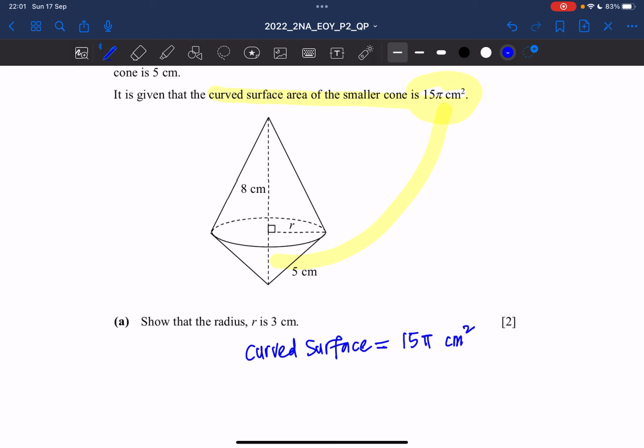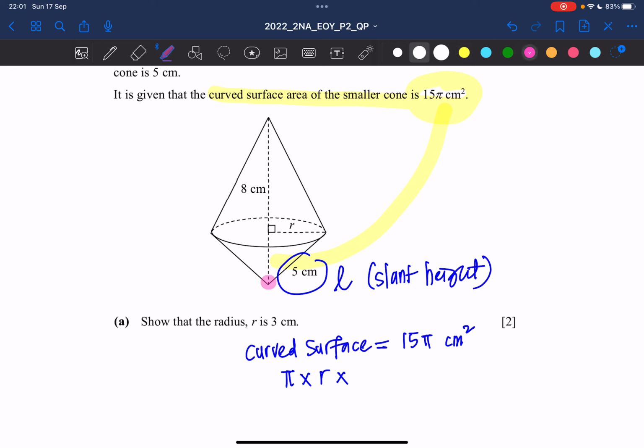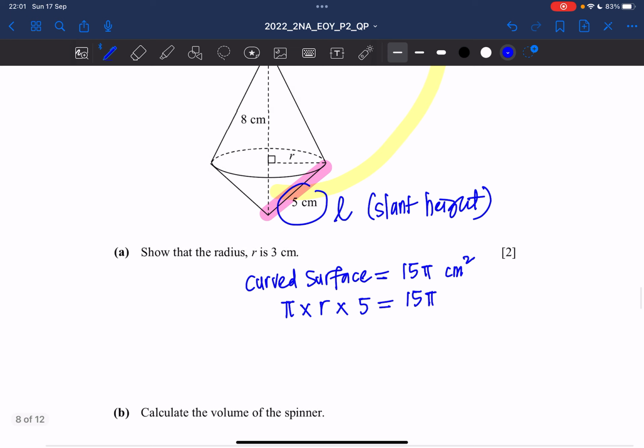So our formula is pi times radius, which we don't know, times the slant height. This is actually our slant height, this part here, which is 5. So 5 pi times r equals 15 pi.